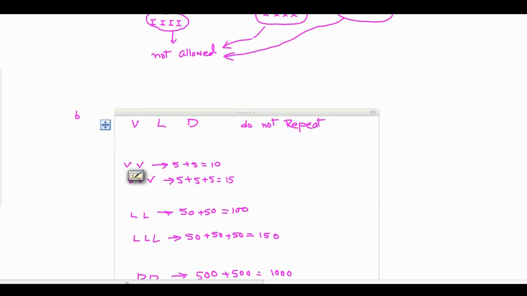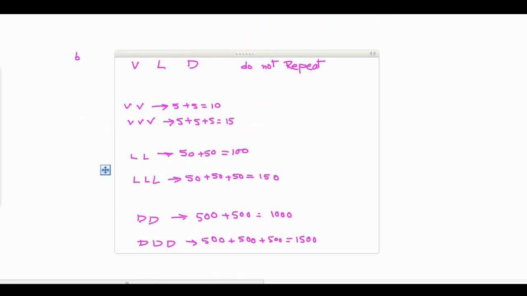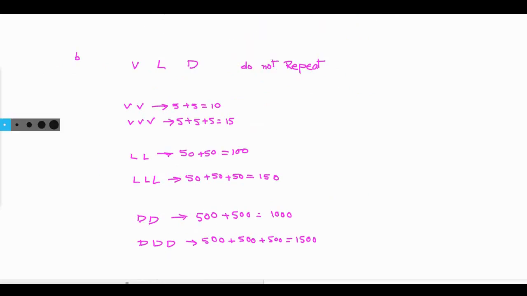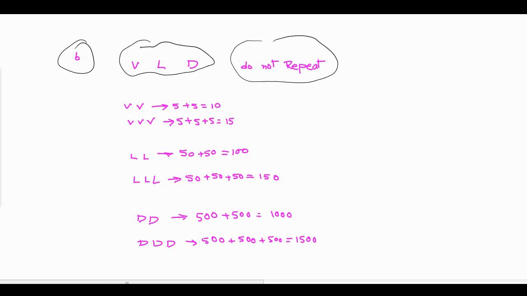This is the next part of rule number 1. V, L, D: do not repeat them. We cannot write 10 like this, V and V, that means 5 plus 5.